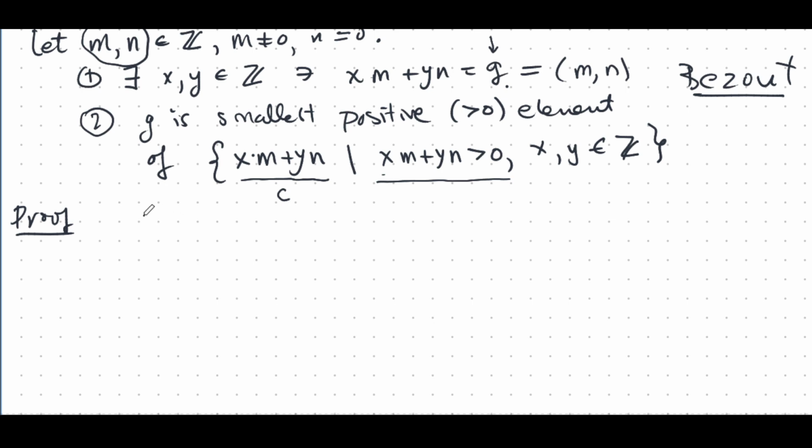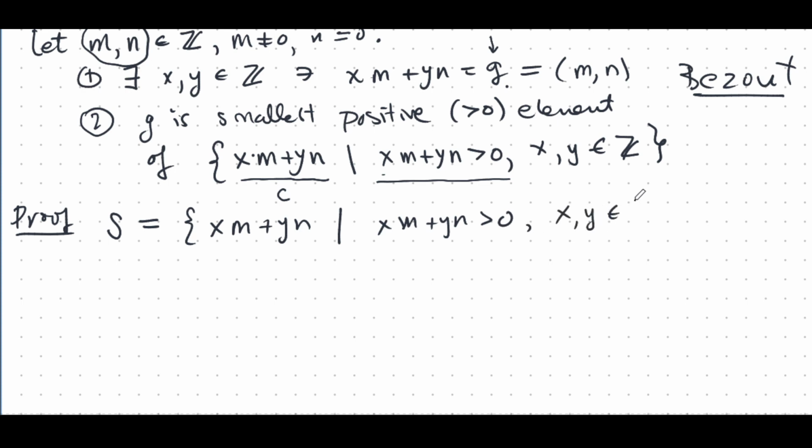So the first thing we do is we construct this set S. S is the set of xm plus yn, such that this xm plus yn is strictly greater than 0, and the x's and y's are all in Z. And we want to prove that this is not empty.